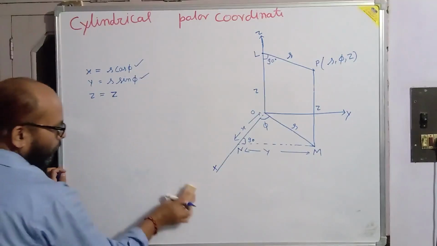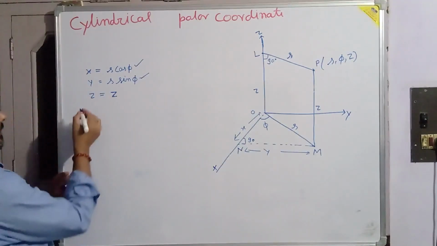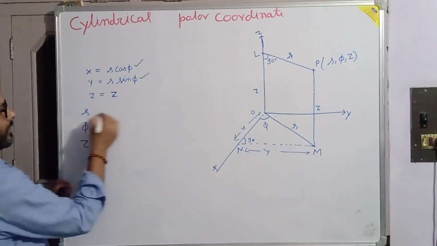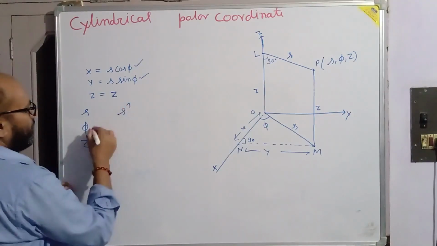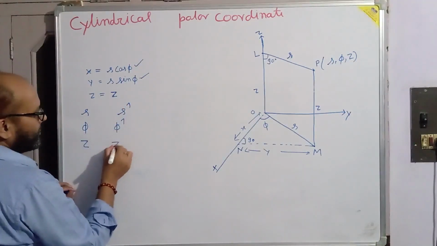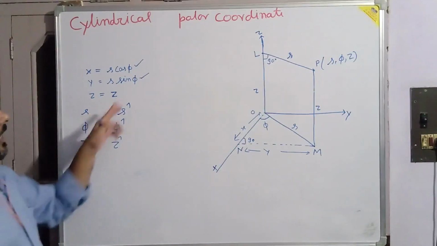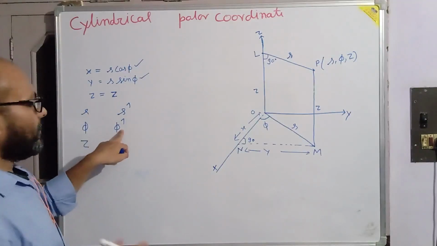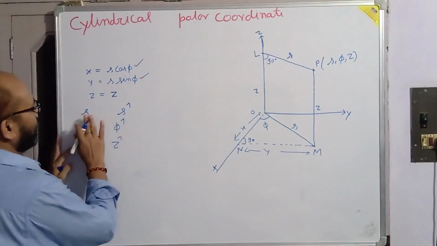Cylindrical polar coordinates have three coordinates: S, phi and Z. That means the unit vectors S cap, phi cap and Z cap are three unit vectors. The unit vector along increasing S is S cap.